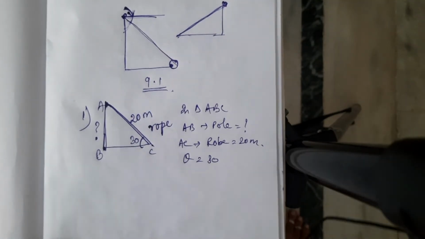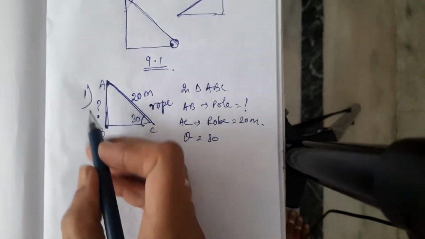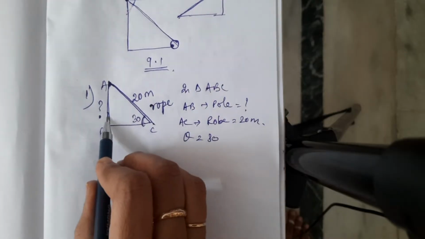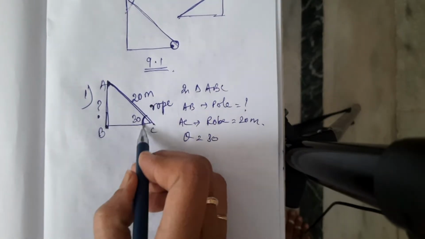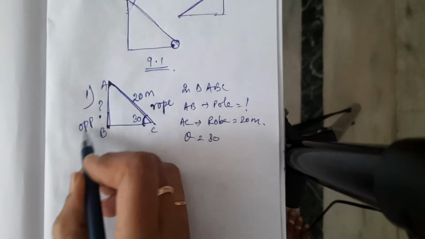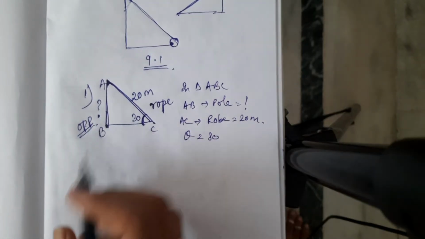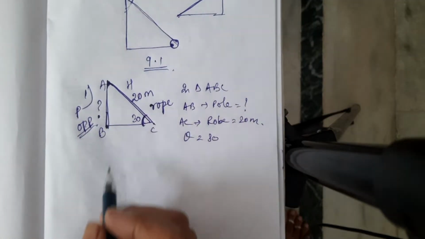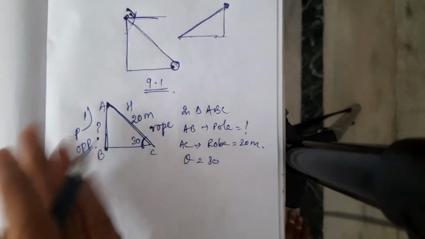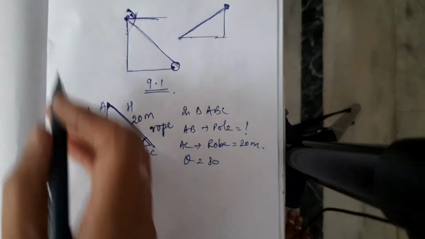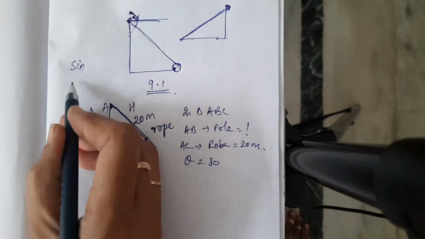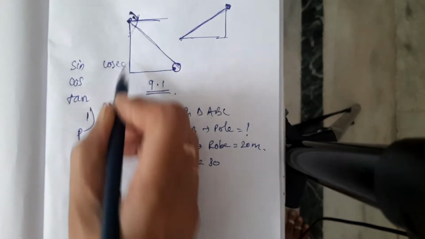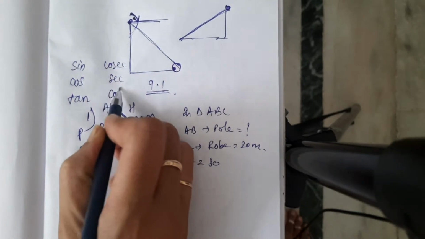If you recall trigonometrical ratios, the side which is opposite to the angle is called the perpendicular. Here, this is the opposite side, which is the perpendicular, and this one is the hypotenuse. The 6 ratios, if you recall, in my previous session I explained sine, cos, tan, cosec, sec, cot.